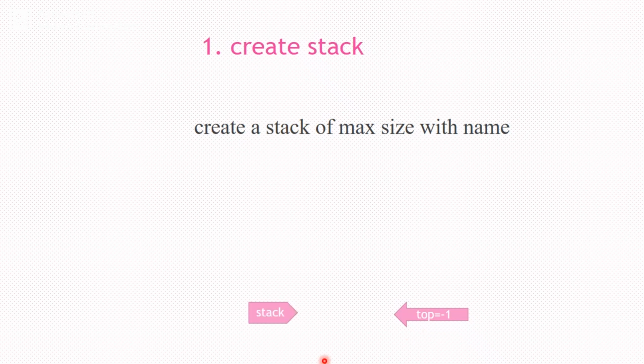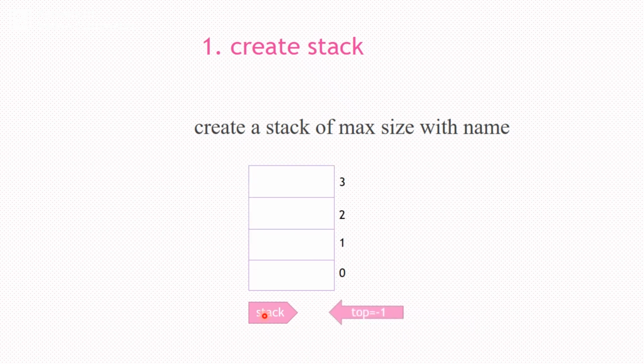So I will give a name called stack, and first I am going to insert how many elements here? 4 elements. That is, 4 is the maximum size in this case. So when 4 is the maximum size, the locations will be 0, 1, 2 and 3.